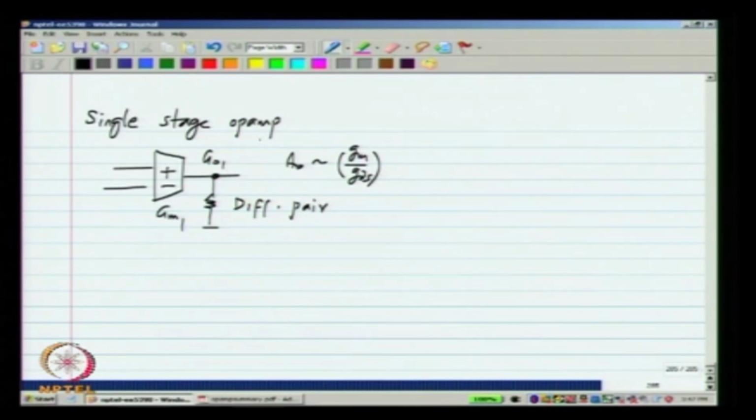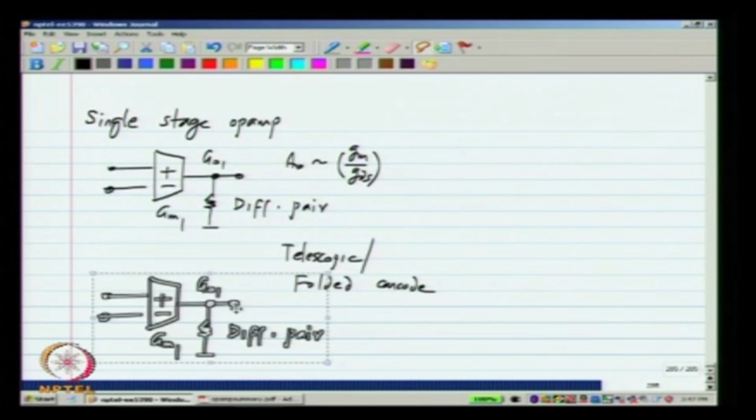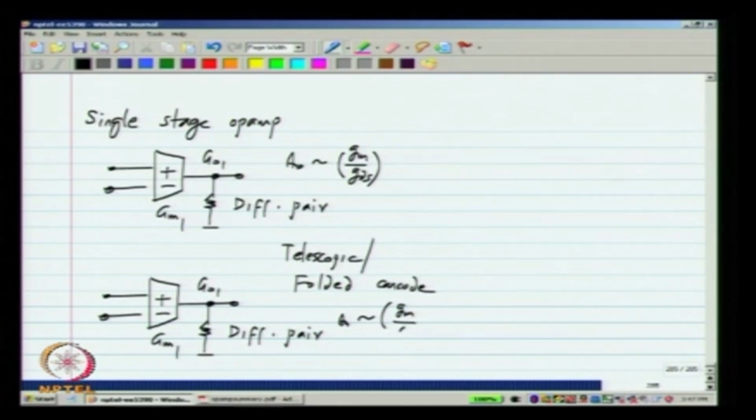You can also refine this by going to telescopic or folded cascode. What that will do is to have a similar topology, but the gain will be of the order of gm by gds squared.